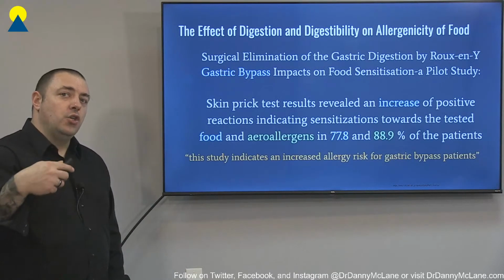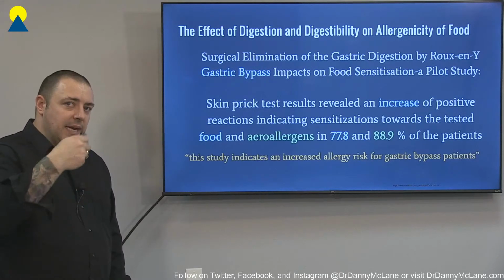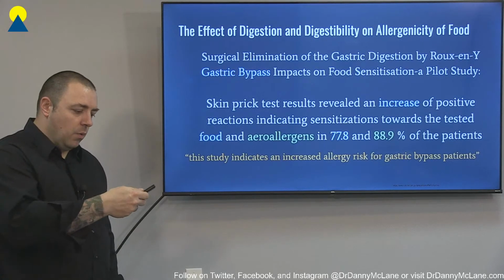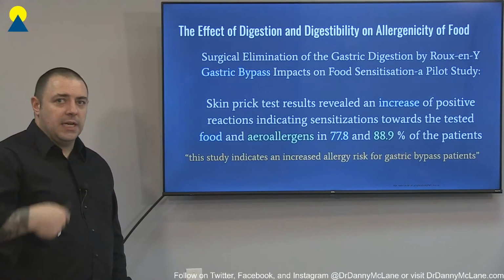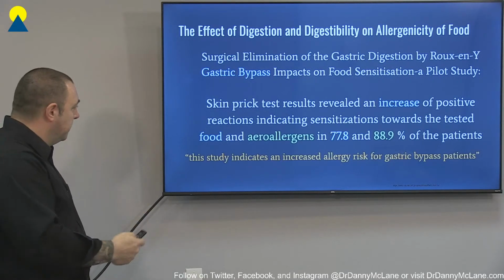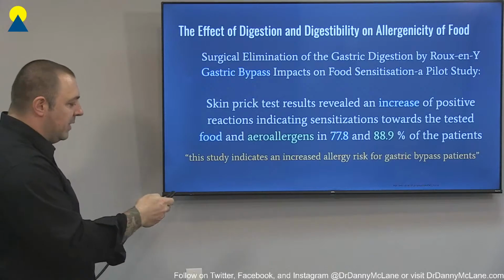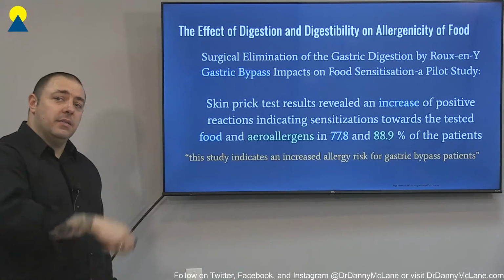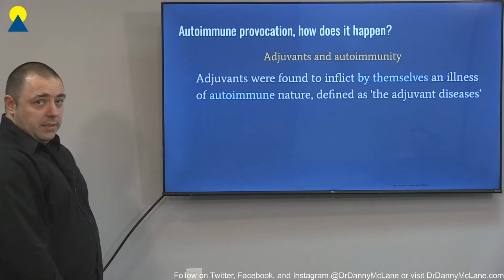So yes, your gastric digestion affects your asthmatic and sinus allergies. Here you go. Why? Epithelium, where does it go? From your nostrils all the way through. You're a tube inside of a tube, from the nostrils all the way to the other end. Okay? This study indicates an increase in allergy risk for gastric bypass patients, as well as anybody else that doesn't have a functioning stomach.